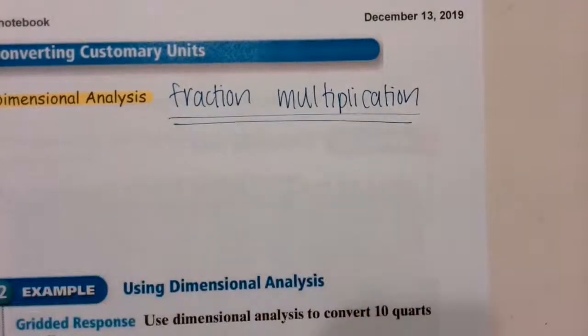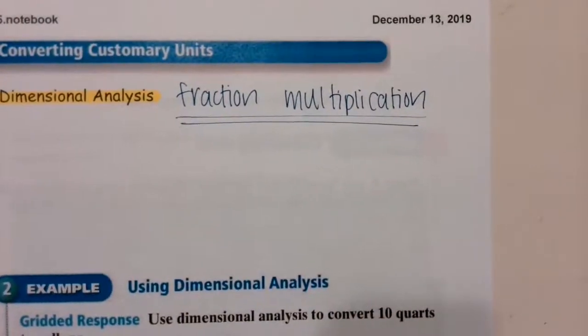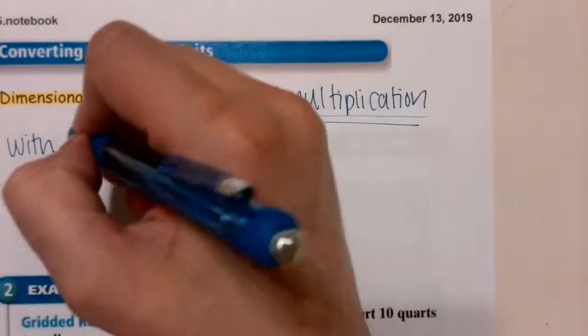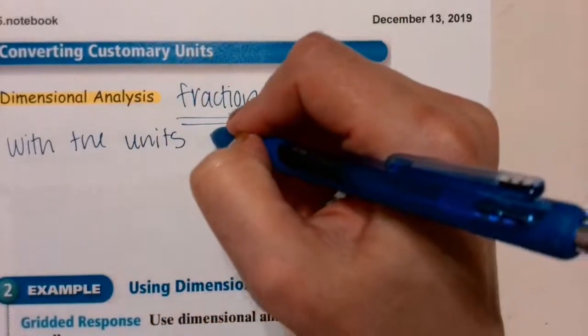And we know how to multiply fractions. So that's the main gist of it. It is going to include the units to be able to convert one unit to another. So we'll say it's fraction multiplication with the units included.